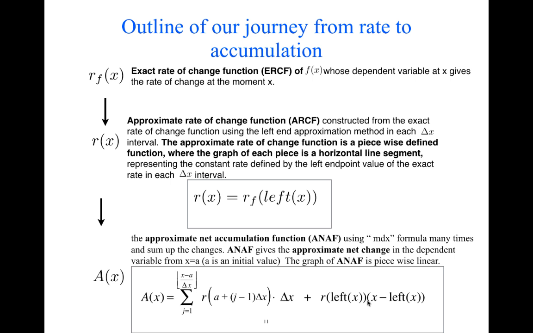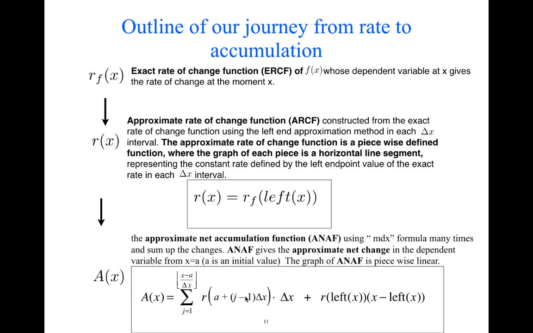So consequently, the graph of the approximate net accumulation function is a piecewise defined function, and the graph is piecewise linear. Again, the approximate net accumulation function gives you the approximate net change in the dependent variable, how much the weight changed, how much the distance changed from the initial value.